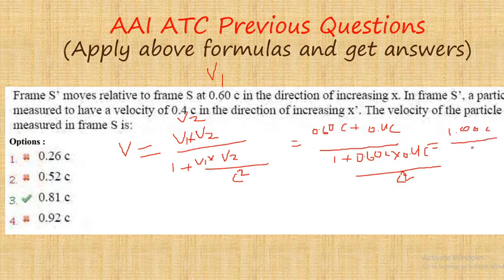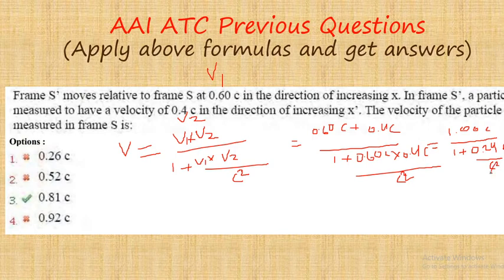Next what you can do, 1 plus 0.6 times 0.4 is 0.24, right? So you can write here 0.24, and it becomes c square over c square. So all you have to do is cancel the c square with c square.